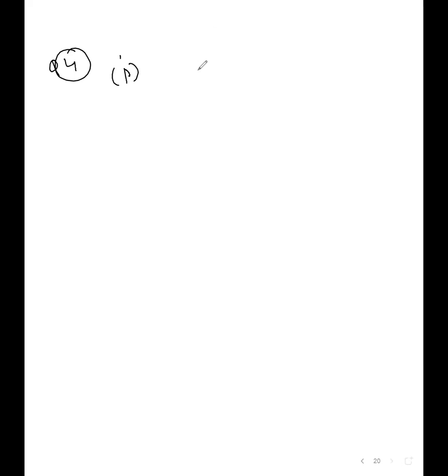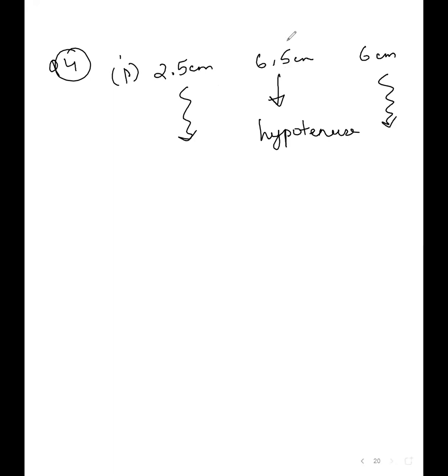So, see, 2.5, 6.5, and 6. Which of these is the biggest side, Hiba? 6.5. Okay. So that means this has to be the hypotenuse. That means this side squared plus this side squared should give you this side squared if it is a right angle triangle.